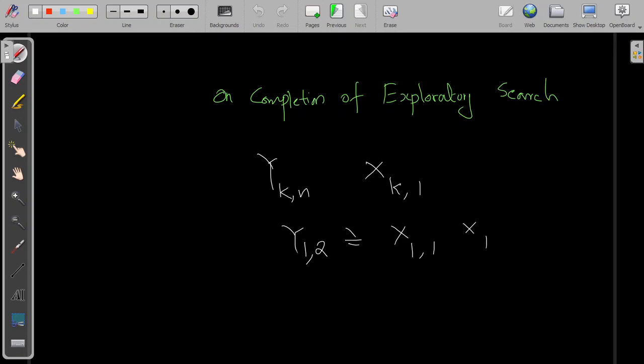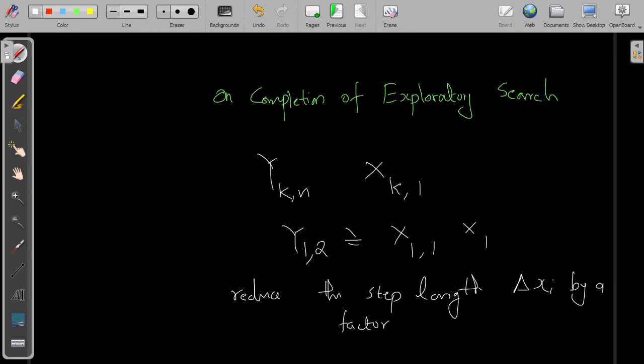then what we will do is we will reduce the step length, earlier it was delta xi, by a factor of 2, that is we will multiply delta xi, where i varies from 1 to n, by 1 by 2.